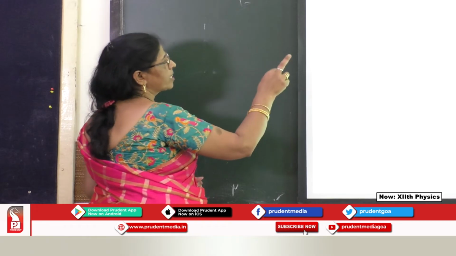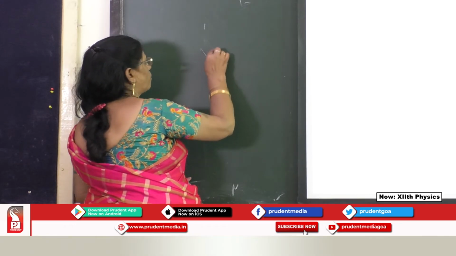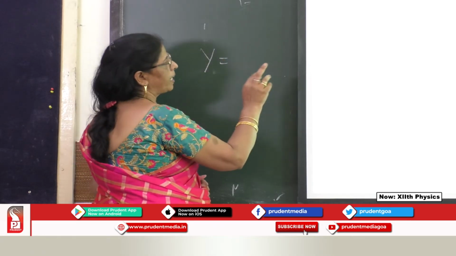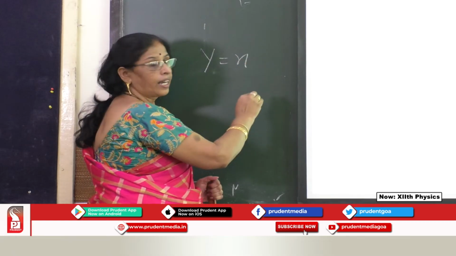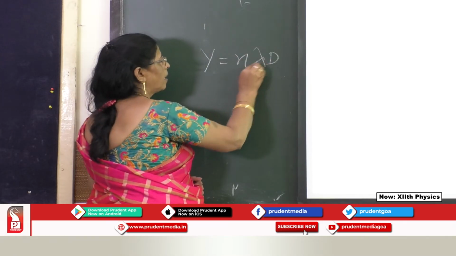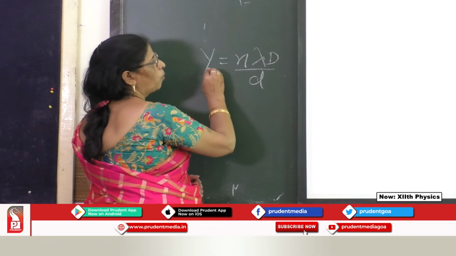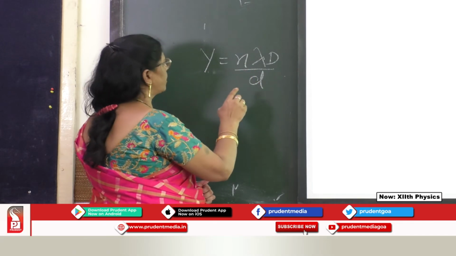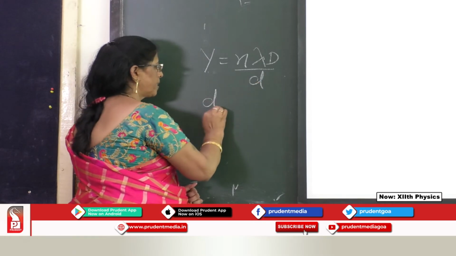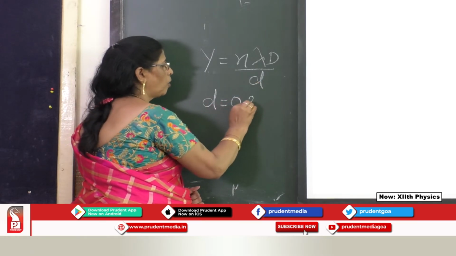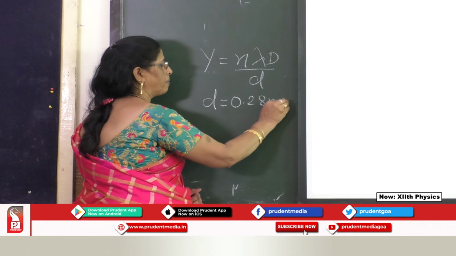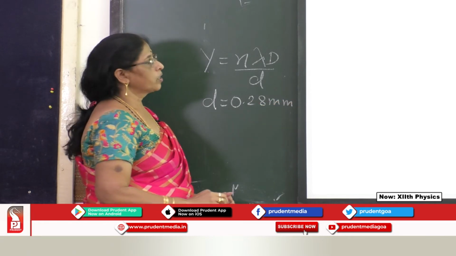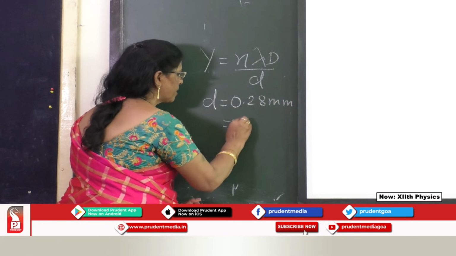When you consider the distance of the bright fringe, y is equal to n lambda D upon d. Y is the displacement. He is asking, the slits are separated by what? d is equal to 0.28 millimeters. You have to convert it into meters.